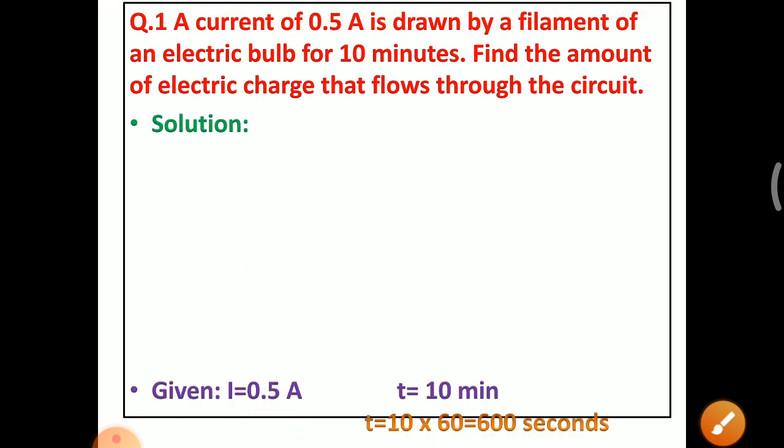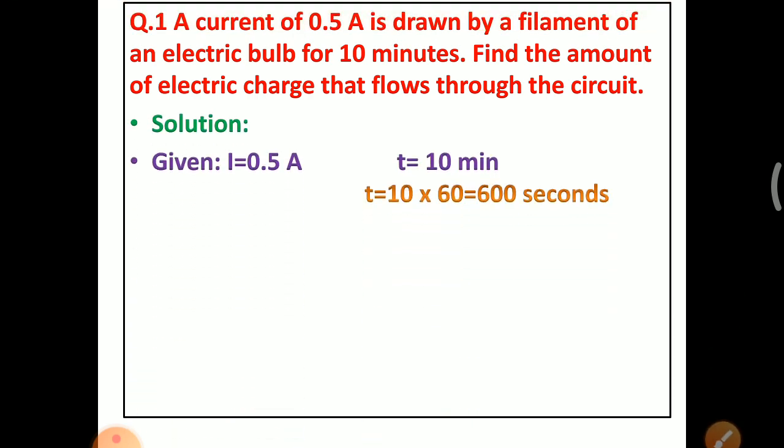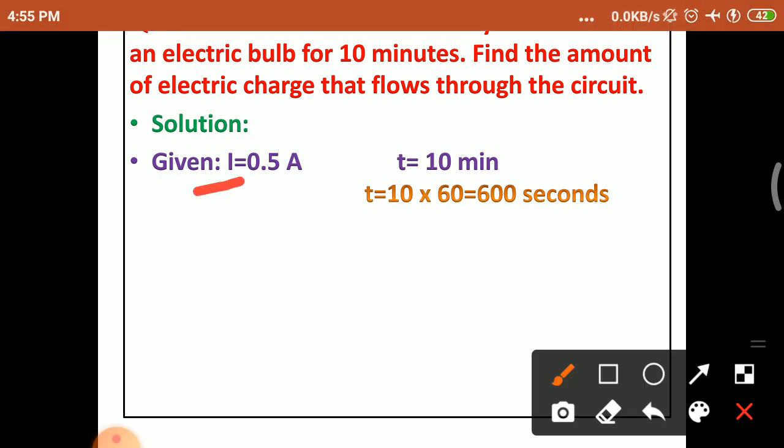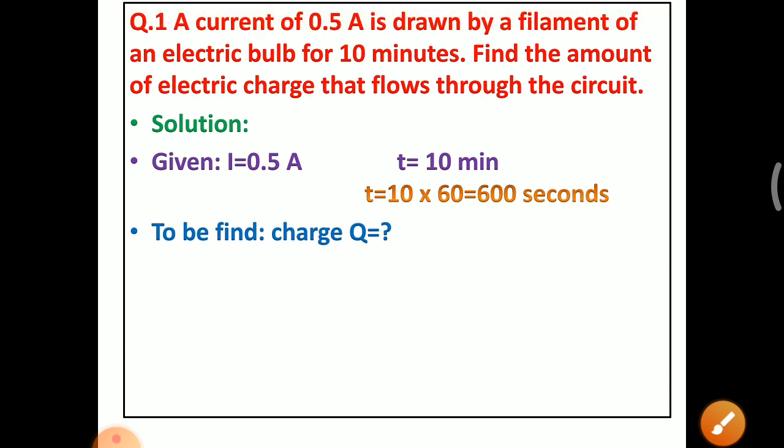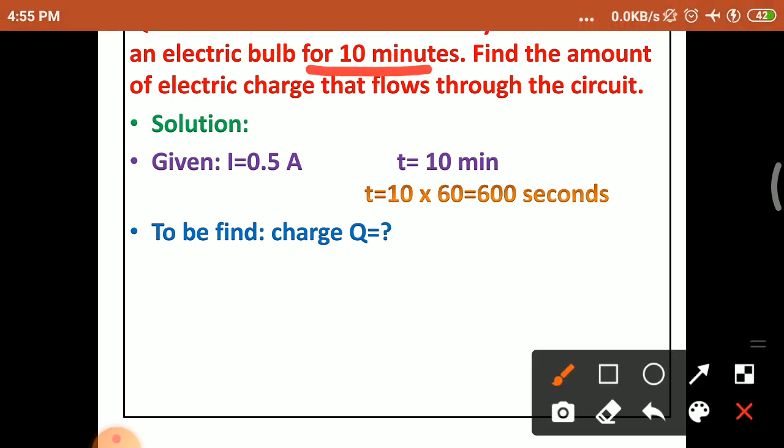The solution: first, the given values you have to write. They gave a current of 0.5 ampere. The current is nothing but I. The value is 0.5 ampere. And the filament of the electric bulb for 10 minutes. They gave 10 minutes, that means the time.